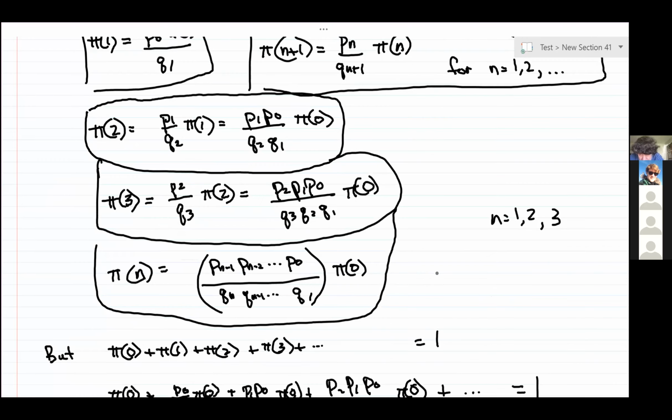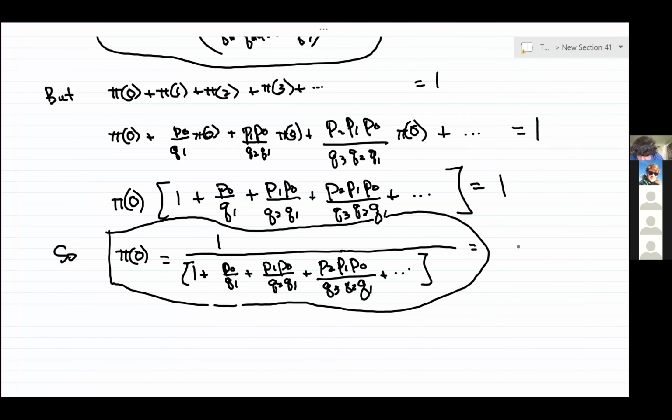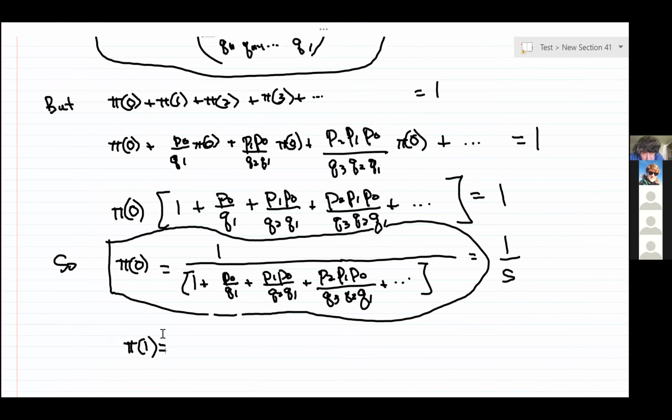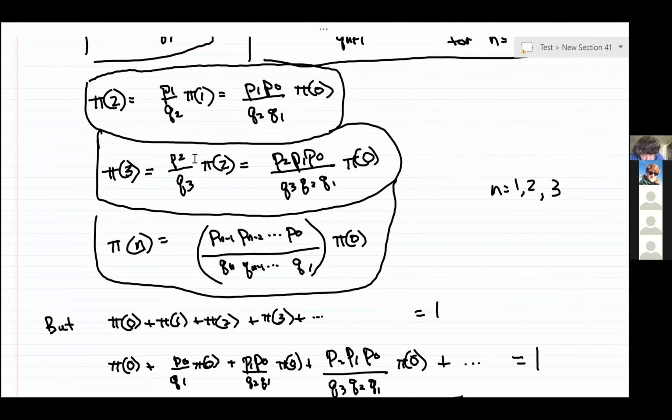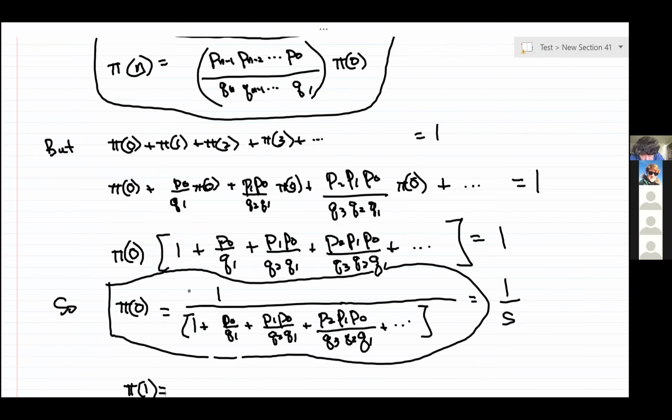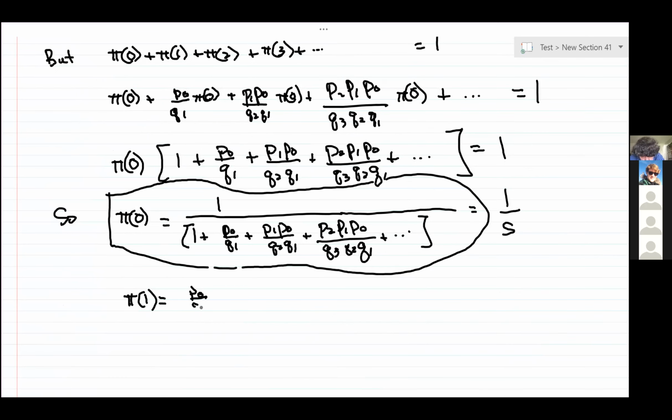So let's call this sum S, because I don't want to write it all over again. But pi 1, by this equation up here, is P0 over Q1 times pi 0. So it's P0 over Q1 times pi 0, which is this, which is 1 over S. So what does this look like?